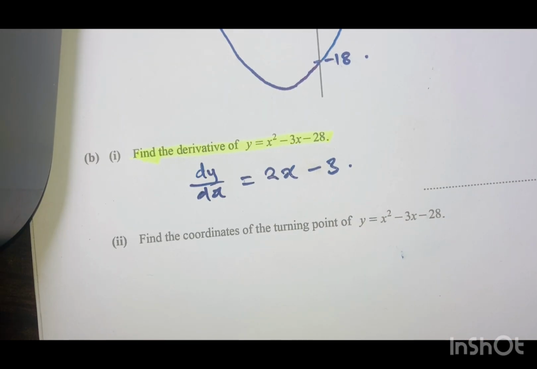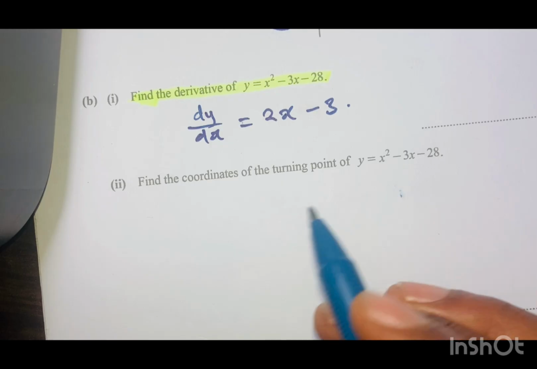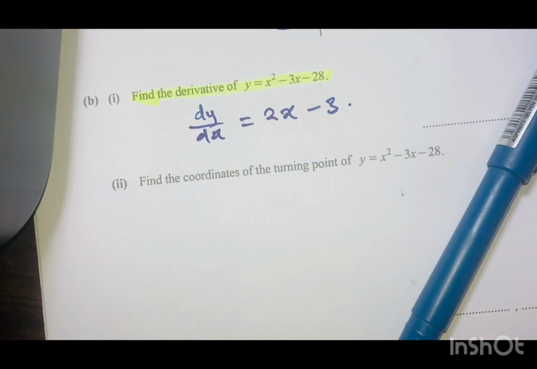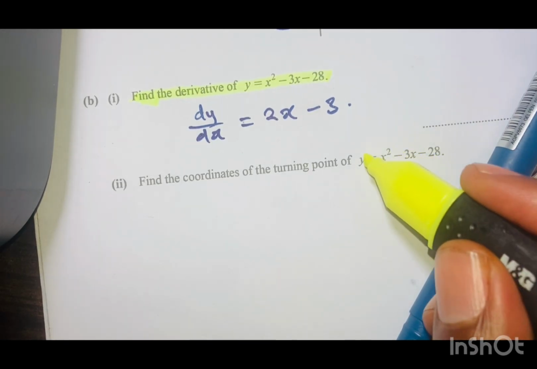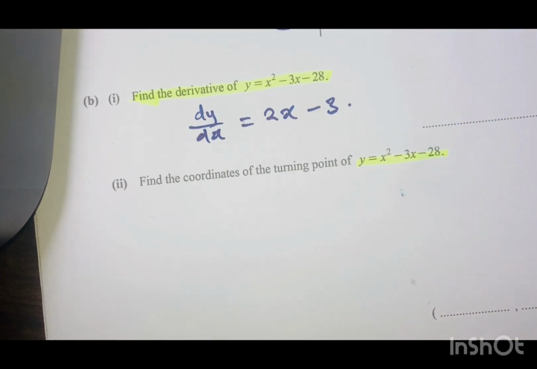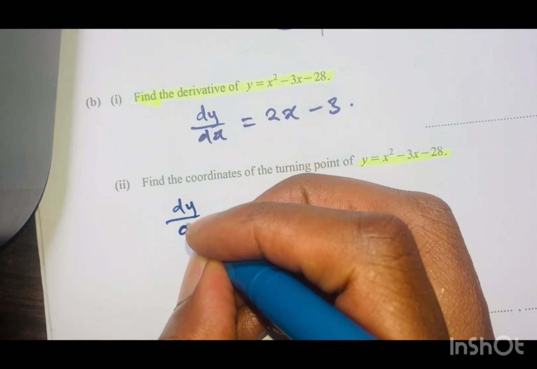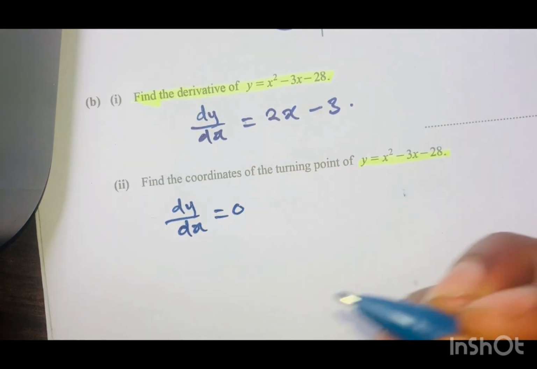So that's the derivative. Then we come here, they say find the coordinates of the turning point of the line y equals x squared minus 3x minus 28. So the turning points exist where dy/dx equals 0.